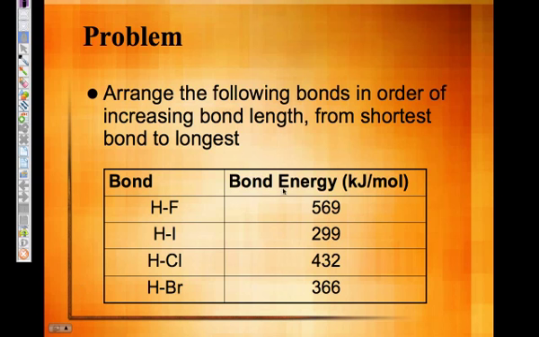So we're going to arrange the following bonds in order of increasing bond length, from shortest to longest. What did we say the relationship between bond energy and bond length was?